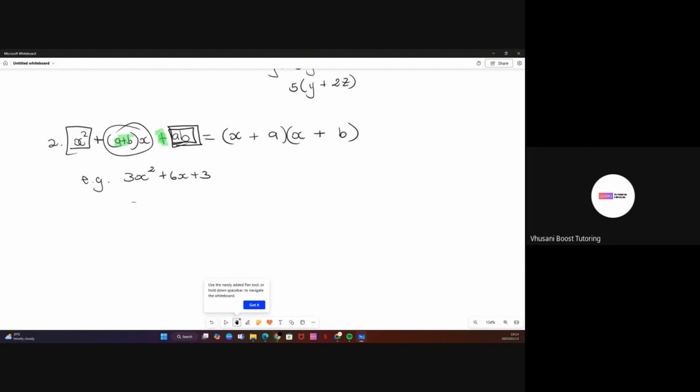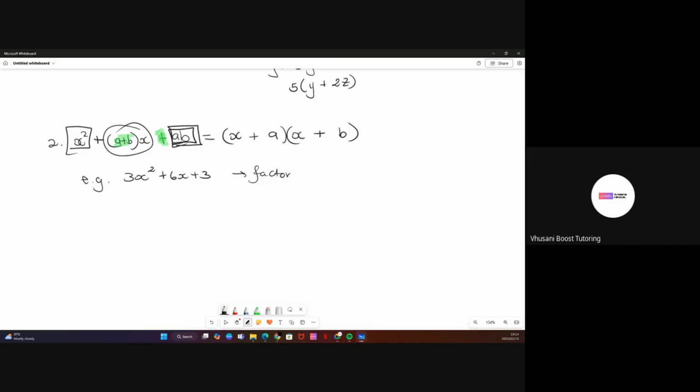Okay, so for this example, I'm basically testing you guys on the two rules that we have learned so far. What would be the first thing we are required to do? Can someone answer that? So they want us to factor this.